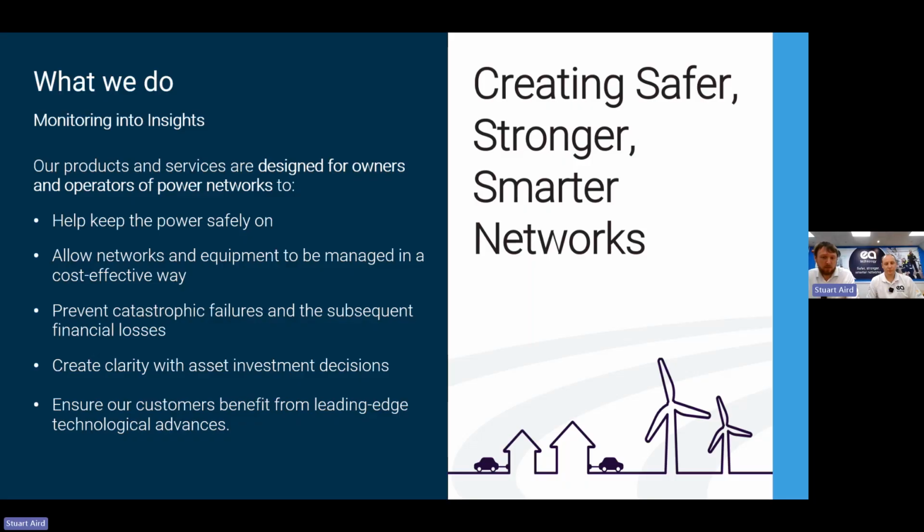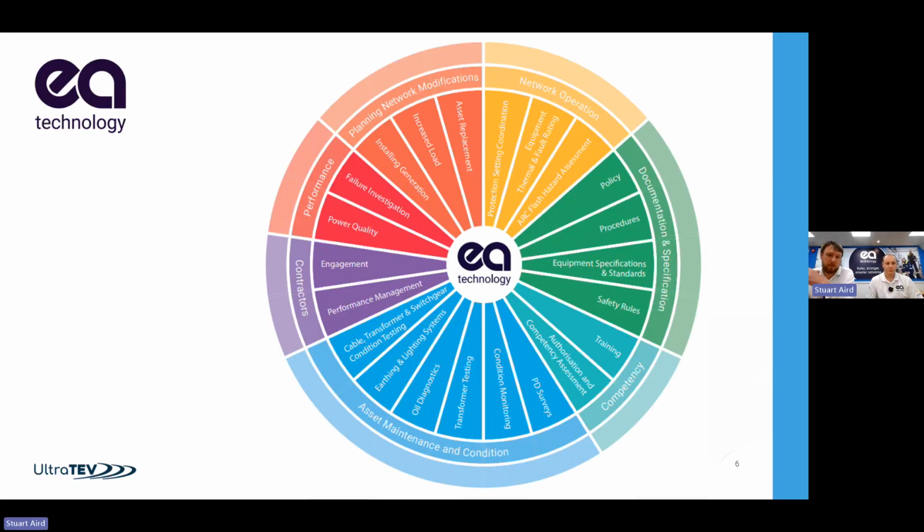We do that in a number of ways, and our offerings cover a whole range of activity. This wheel gives you a feel for it. Depending on where you are in your asset life cycle, we may be, as we are talking about today, helping with your field activity: what's the state of my equipment right now, and how do I keep it safe? Maybe through to, hopefully not, a couple of forensic investigations where it has gone wrong, right through to planning your next steps.